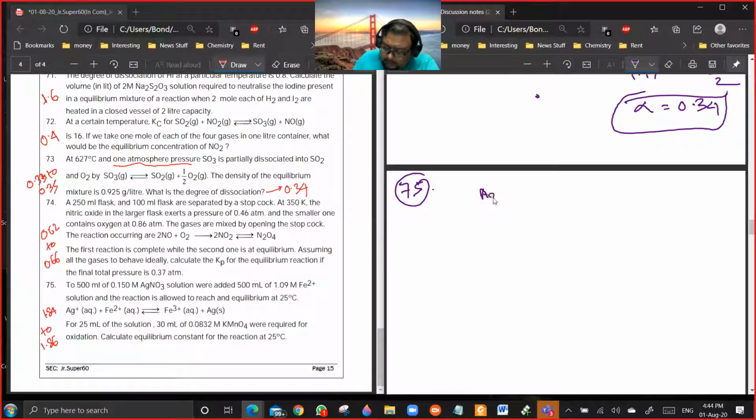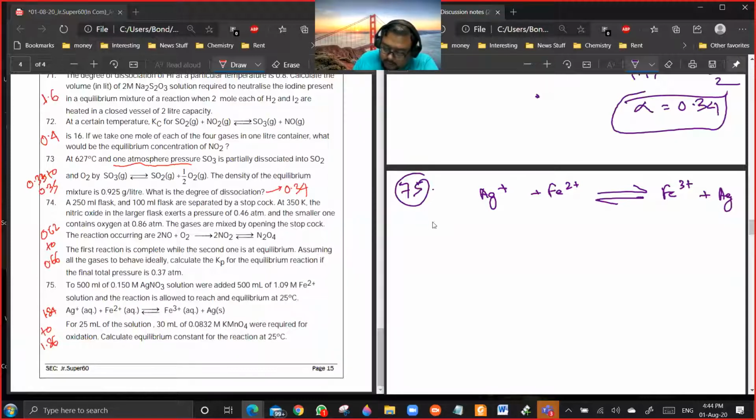So let me try. Okay, Ag plus, Fe2 plus, Fe3 plus, Ag, because these things we'll be discussing in ionic equilibrium only. So you see, you are starting with 500 ml of 0.15 molar AgNO3.